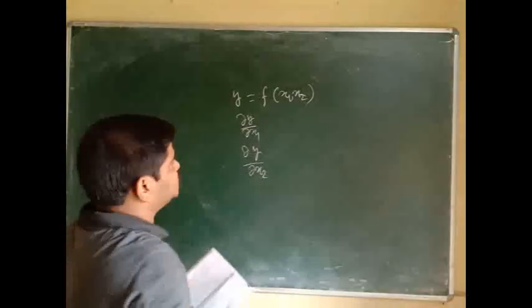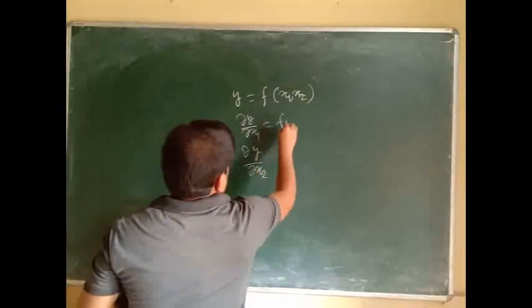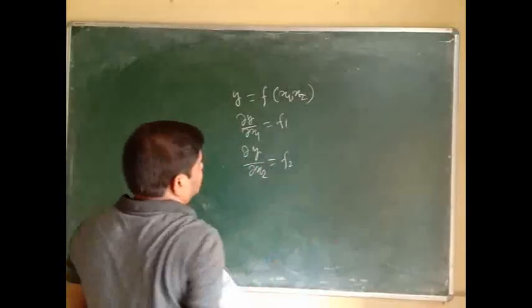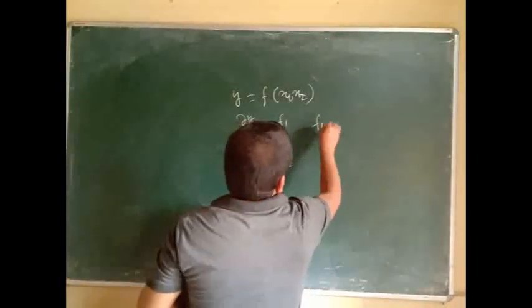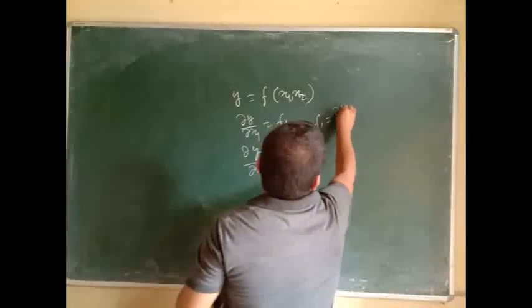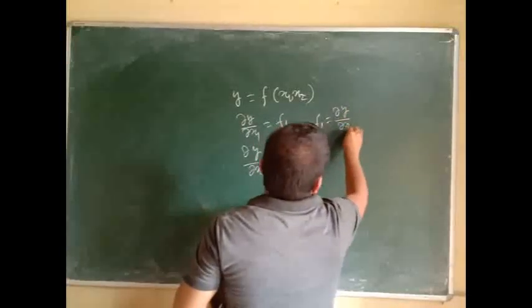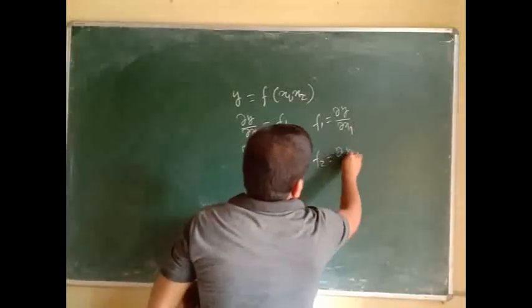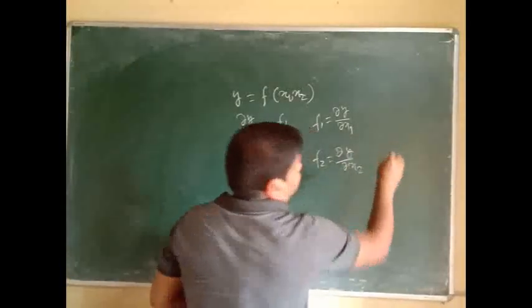Del y by del x1 is denoted by, suppose, f1, and del y by del x2 is denoted by f2. So here f1 is equal to del y by del x1 and f2 is equal to del y by del x2.